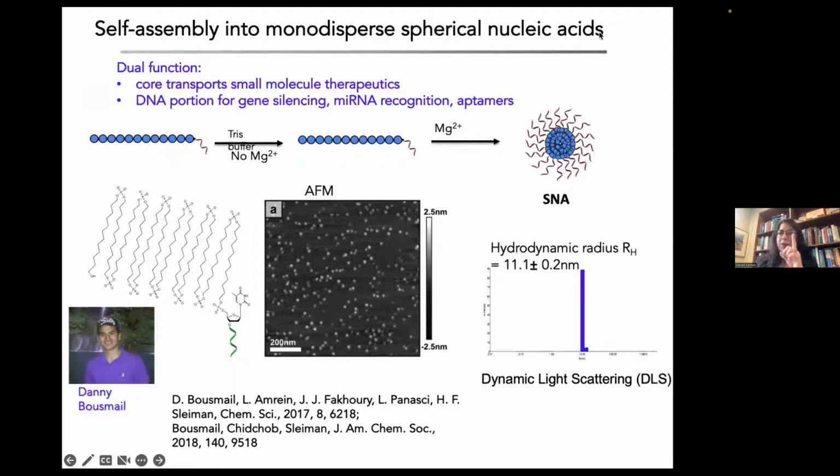Really simple. You just obtain them from a single DNA strand that is amphiphilic, so it has a hydrophobic and a hydrophilic structure. And since we created this on a DNA synthesizer and it is monodispersed with one molecular weight, they assemble into very low dispersity spherical nucleic acids. So they're really very, very well defined.